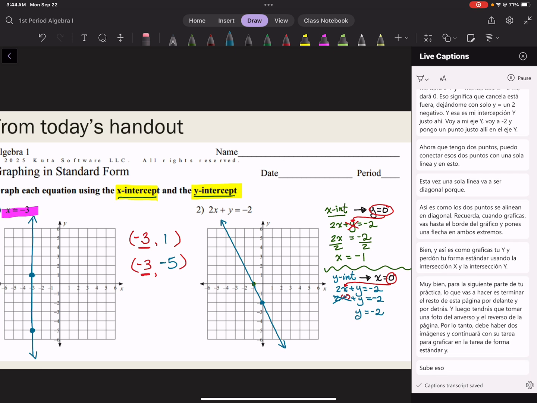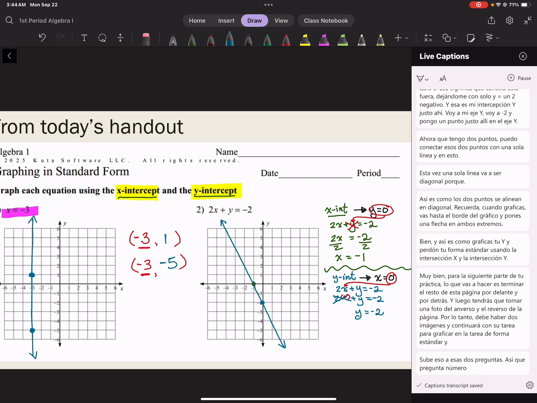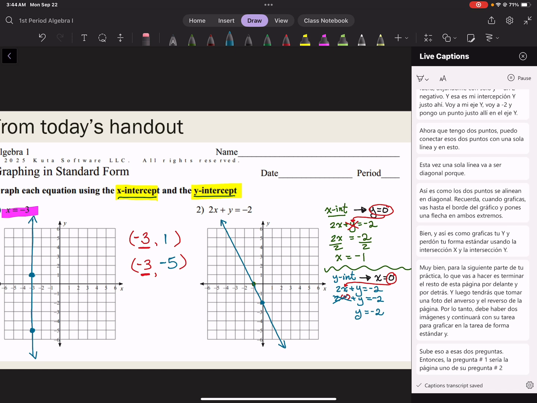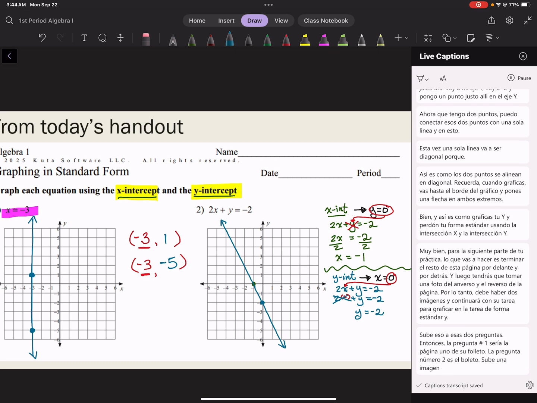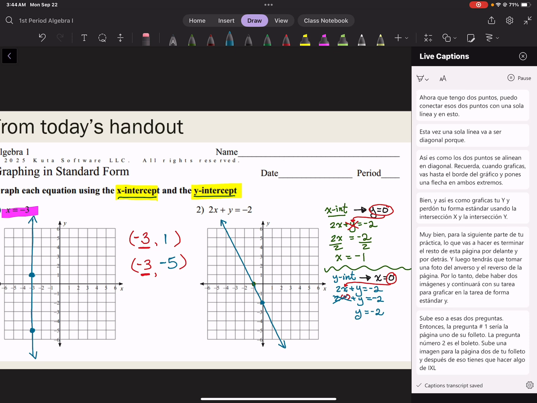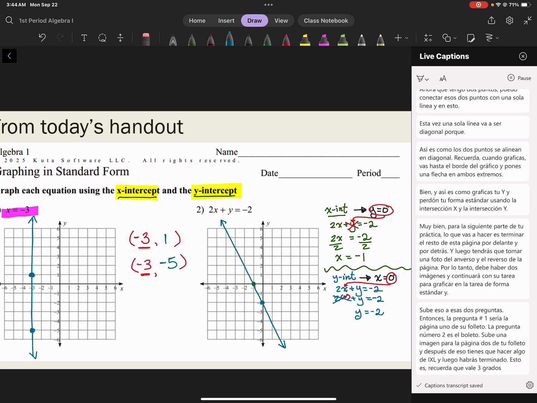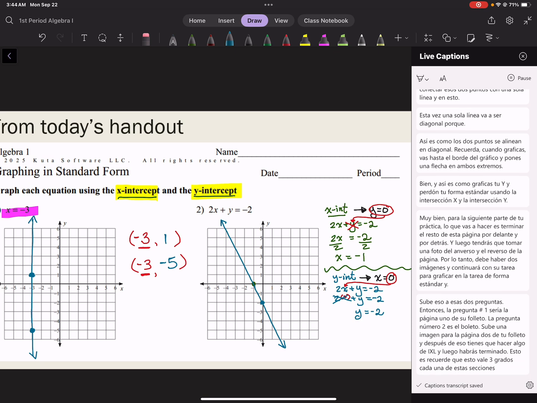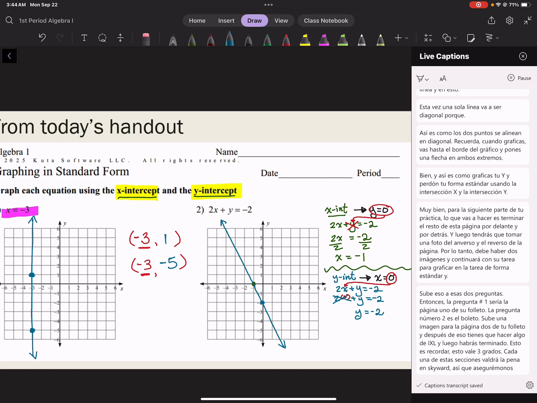So question number 1 would be page 1 of your handout. Question number 2 is upload a picture of page 2 of your handout. And after that, you've got some IXL to do, and then you'll be finished. Remember, this is worth 3 grades. Each of these sections is going to be worth a grade in Skyward. So let's make sure we finish all of the assignments.